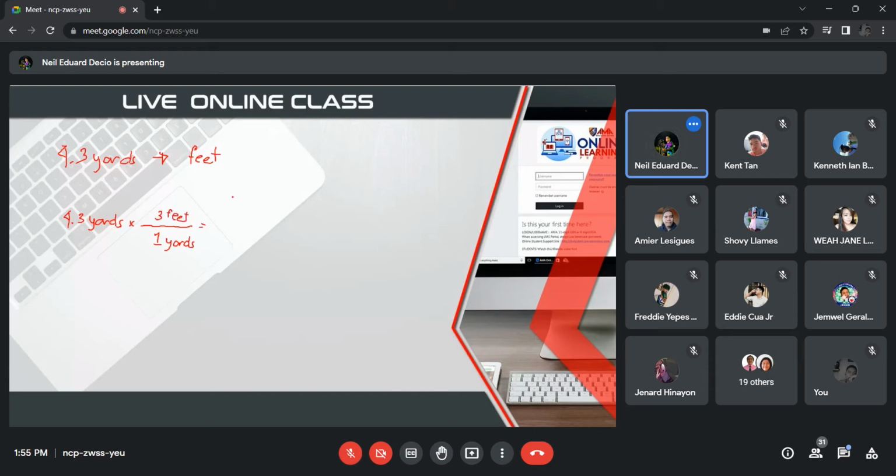Okay. And of course, if we multiply this, how do we multiply fractions? We just multiply numerator times numerator and denominator times denominator. Since this is equal to 4.3 over 1, right? Understood. So that means the unit yard will cancel out here. And then we will just multiply 4.3 by 3 feet, which is equal to, what is 4.3 times 3?